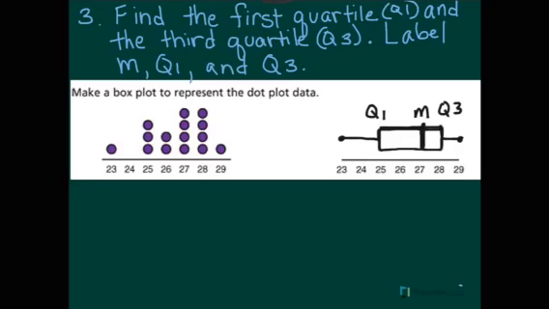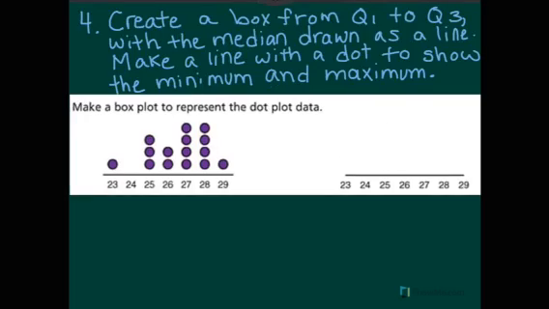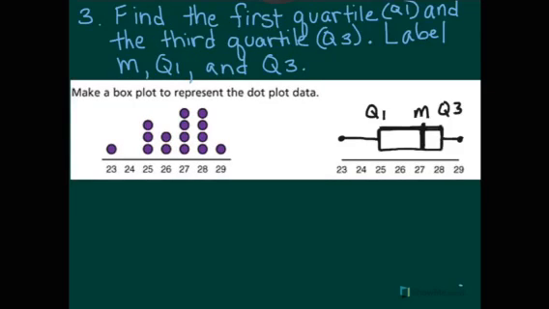Our median is right here. It's not always in the middle, so don't think you did it wrong. I guess I just did step 4. But step 4 is to create a box from Q1 to Q3 with the median drawn as a line. Then a line with a dot to show your minimum and maximum.